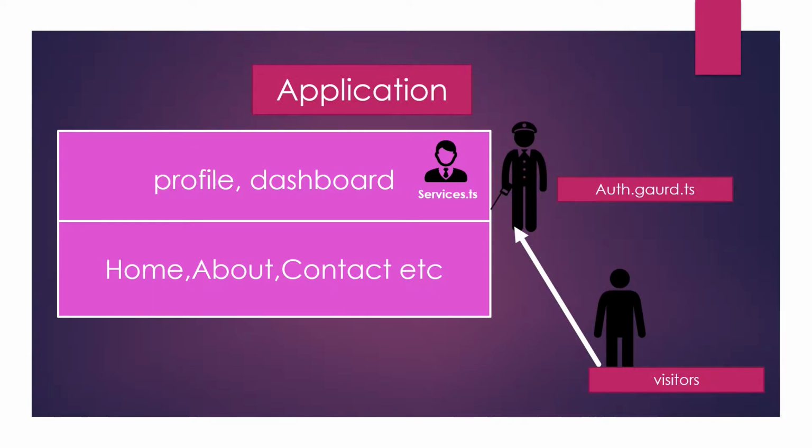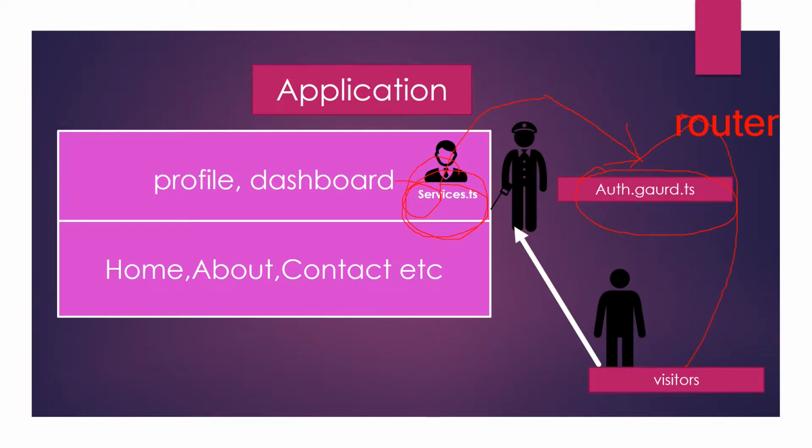So remember once again, there are two main important parts here: the service and the AuthGuard. The service is responsible for issuing true or false. Based on that, the AuthGuard will tell the router to allow the visitor to enter or not.